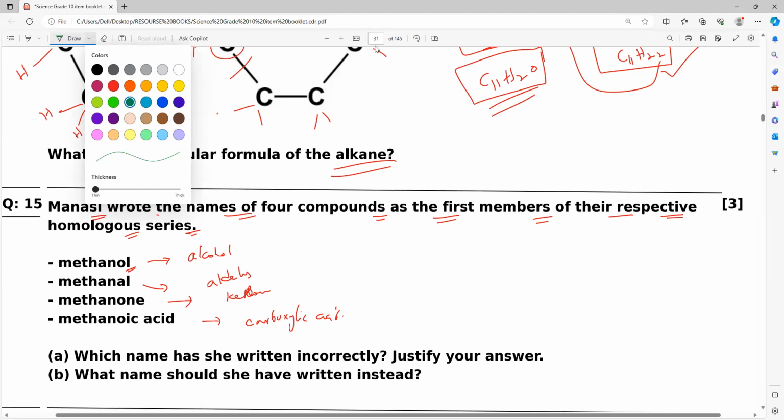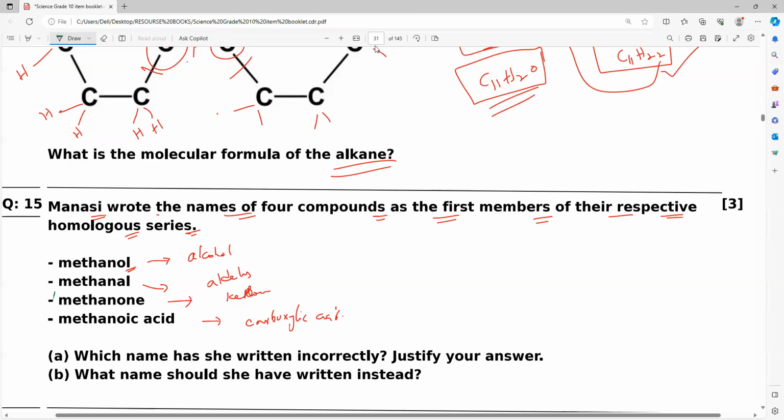Based on the logic, methanone, sir. The only simple logic is, methanone means it is a ketone. Ketone will never start with n equals 1 or n equals 2. Not possible.